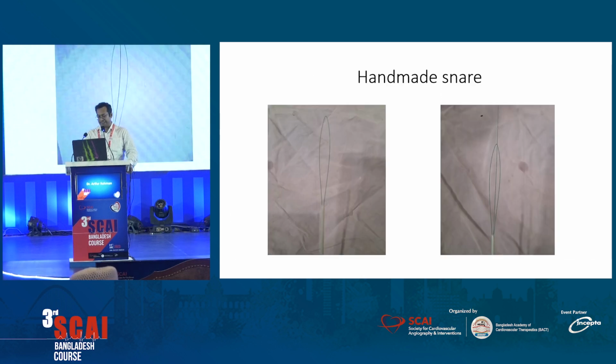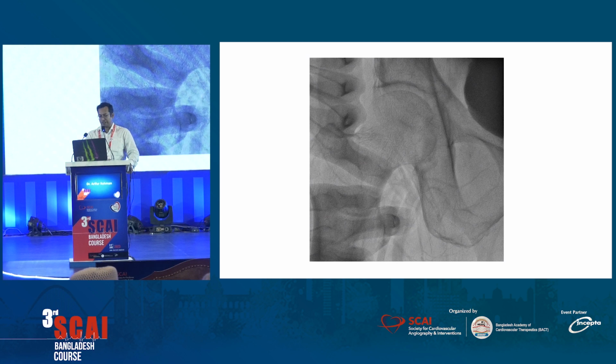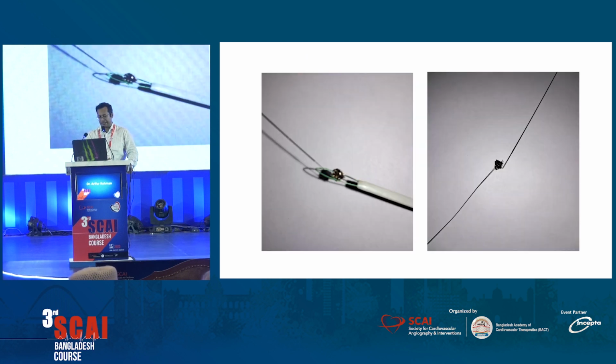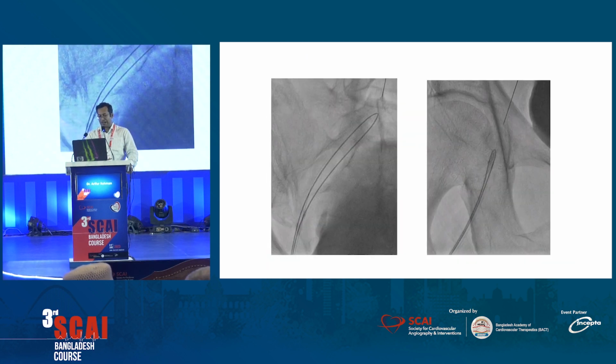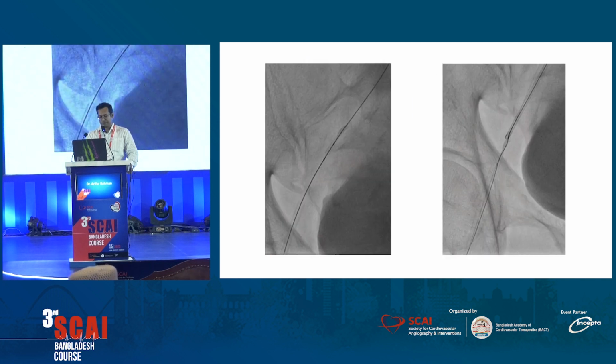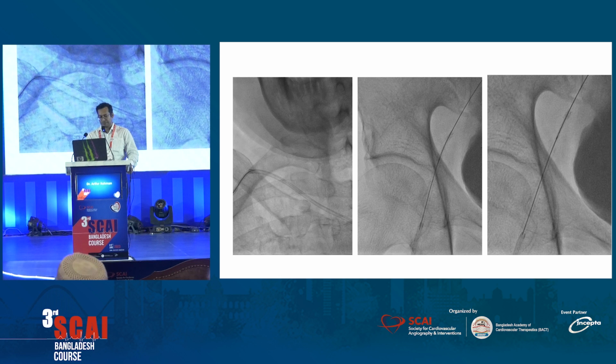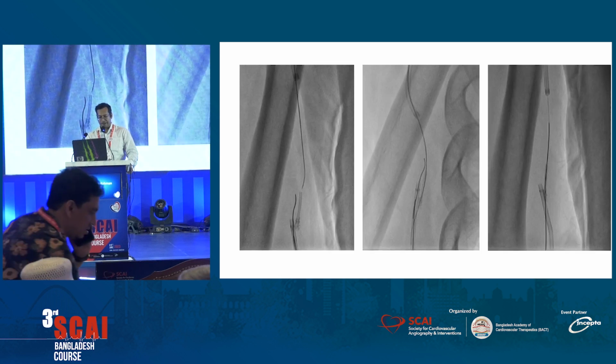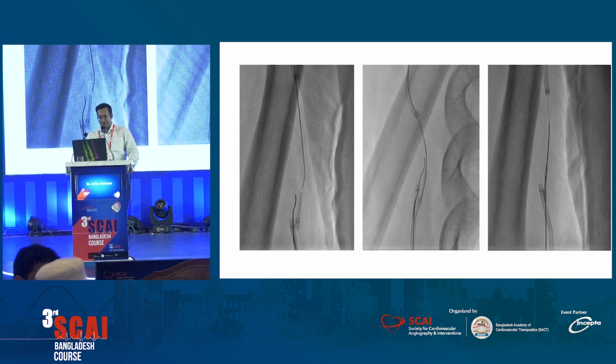Okay. So what we did was a femoral access, and through that access we introduced the catheter and a wire up to the right radial artery. See, here is the other wire with the sheath.